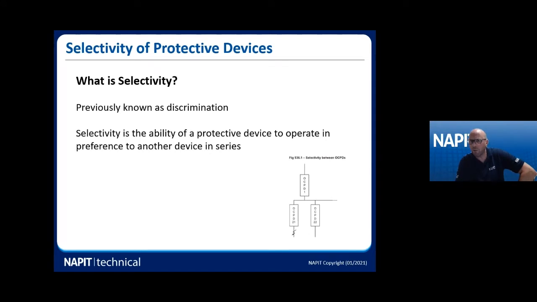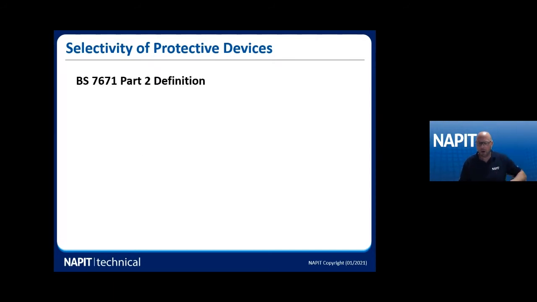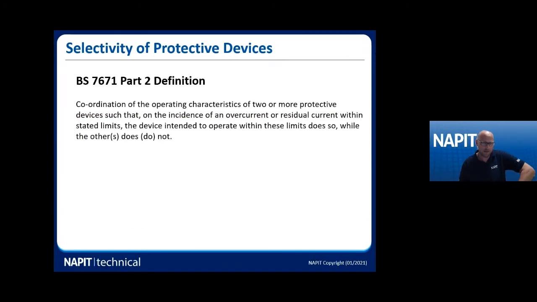There's a little picture there, which we've got in BS 7671 figure 536.1. What that's showing is that if we've got a fault on overcurrent protective device 21, we're not going to take out overcurrent protective device 1, because that's feeding device 22 as well. That's basically the principle, and we're going to see some more images of this shortly.